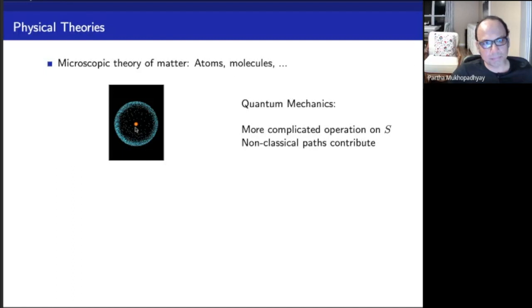So the mathematical operation involving the action is more complicated, and you have to take the average of all contributions from all the paths. And since it's an averaging procedure, you cannot calculate a particular trajectory, rather you calculate the probability density. And this plot shows the probability of finding the electron somewhere near the center.